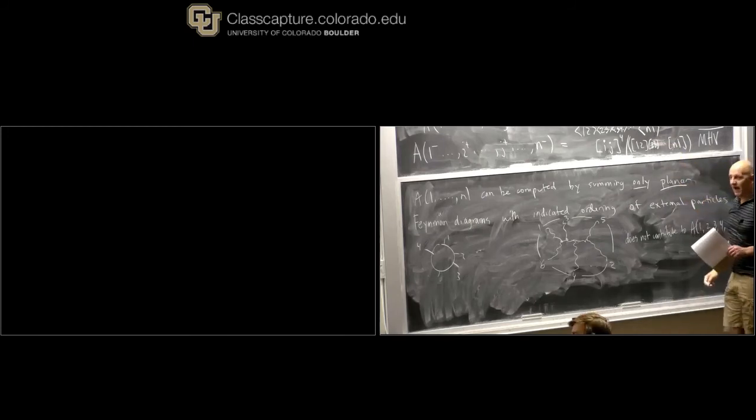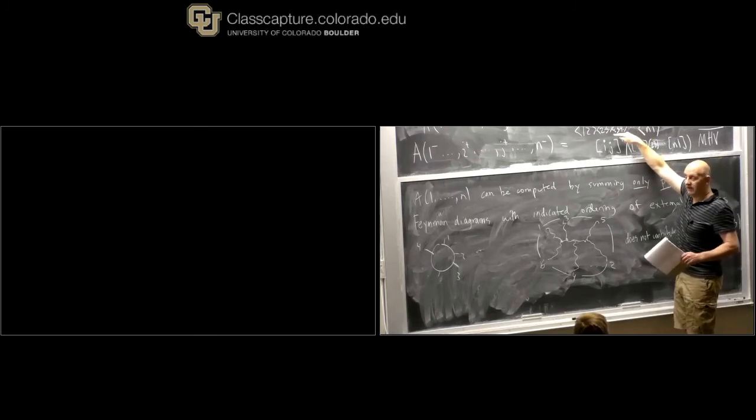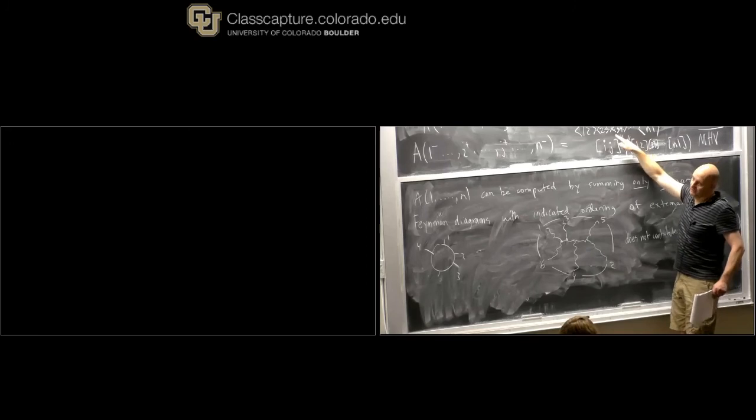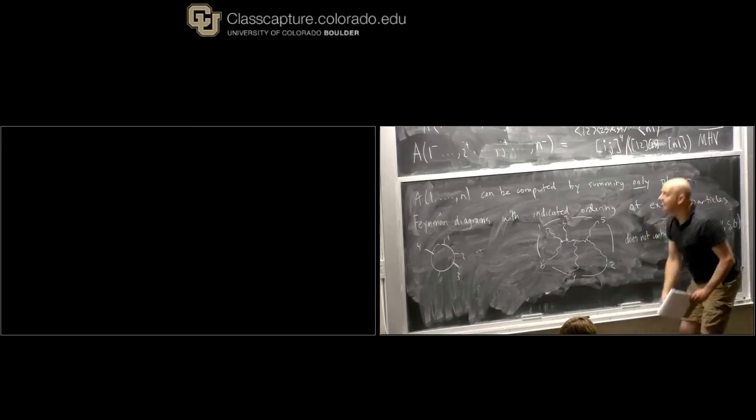So if i and j are next to each other, then this will cancel one of the terms in the denominator, and that will become a cubed. But i and j don't have to be next to each other. They could be far away from each other. Then there's no cancellation, because the denominator only has the adjacent ones. Are there any questions about that?